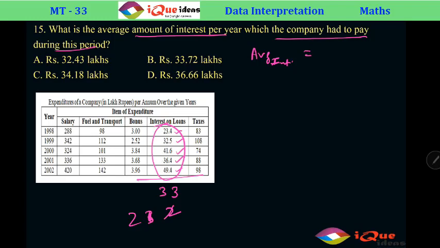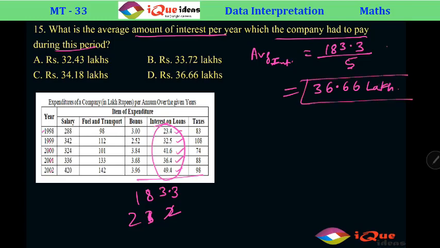So the total sum is 183.3. Divide by the number of years, 1, 2, 3, 4, 5. This is the average interest paid. Now divide carefully. 180 divided by 5 is 36, and 3 by 5 gives 0.66. So it is 36.66 lakh. This is the answer to the question.